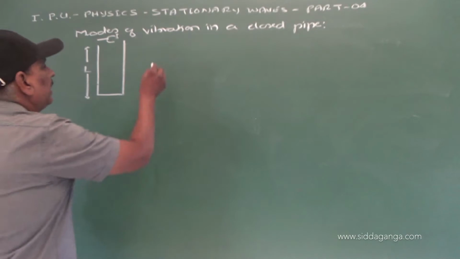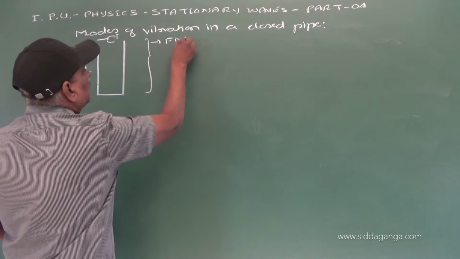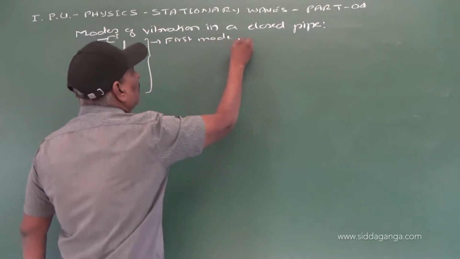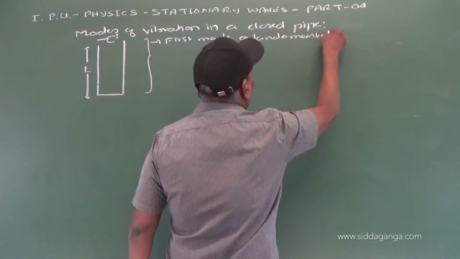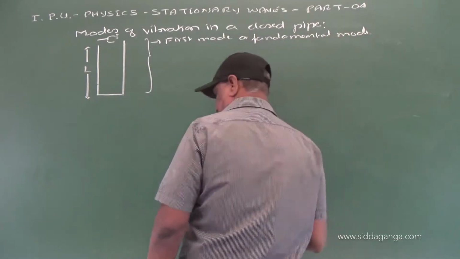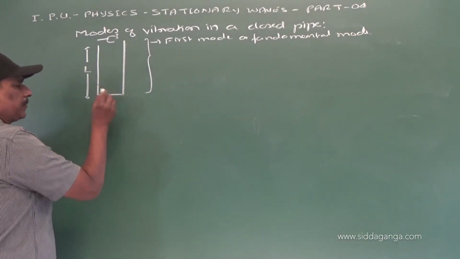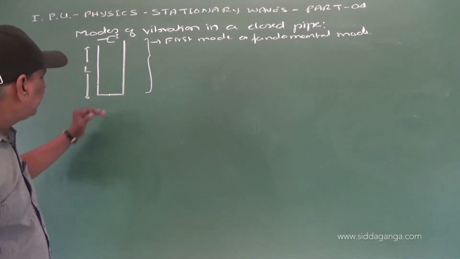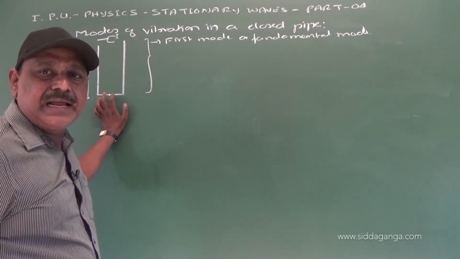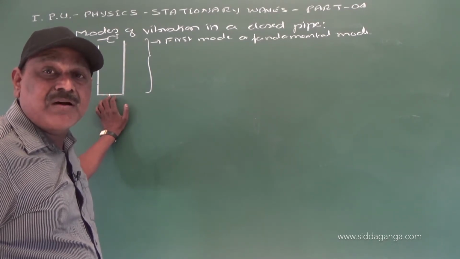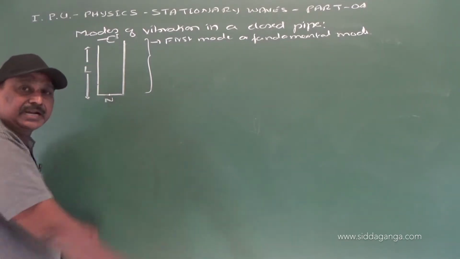Now, in the first mode or fundamental mode of vibration, see here, at the closed end the air particles are in contact with the solid and have minimum freedom of vibration. Therefore, a node is always formed right at the closed end.